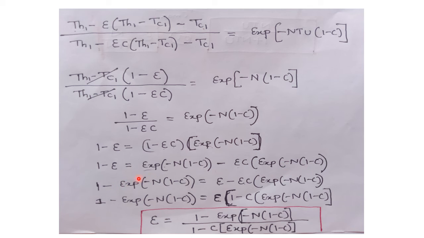Now I have taken this term to the left side, that is 1 minus the exponential of −N(1 − C), and the other term to the right side.